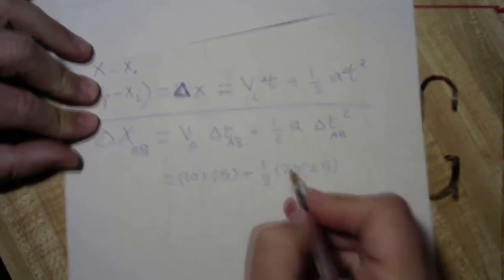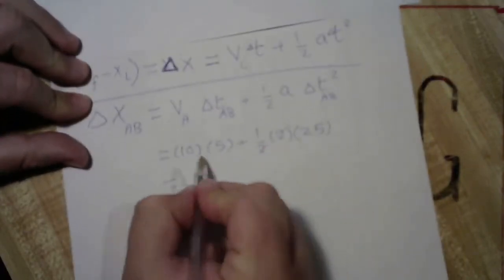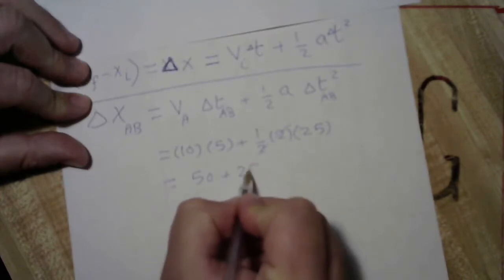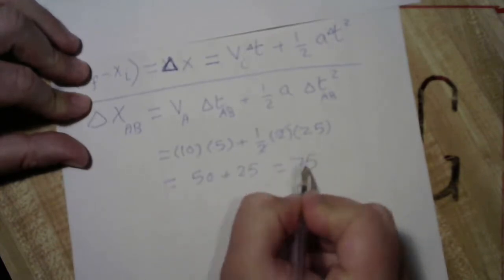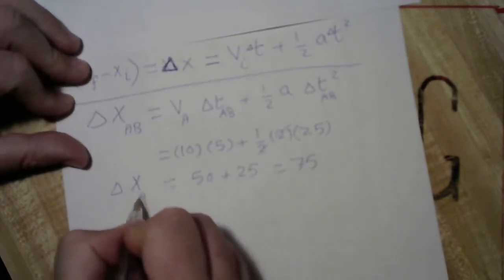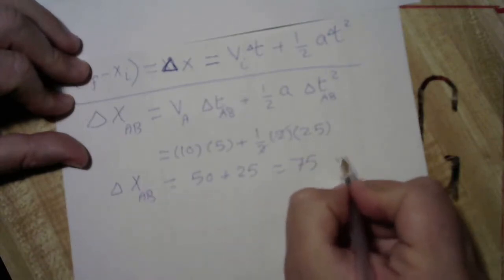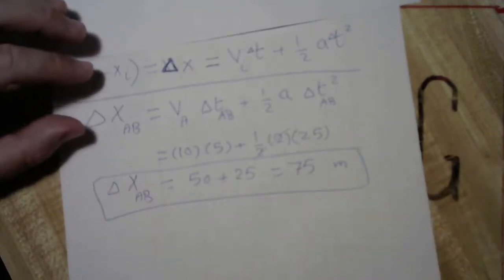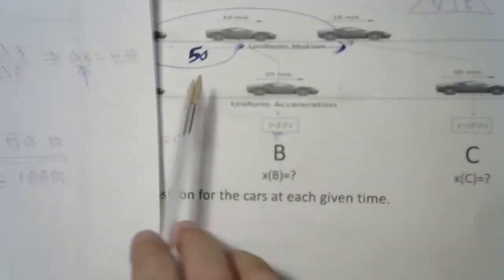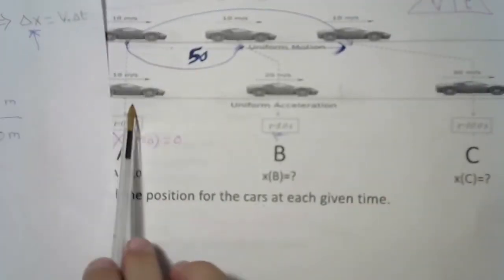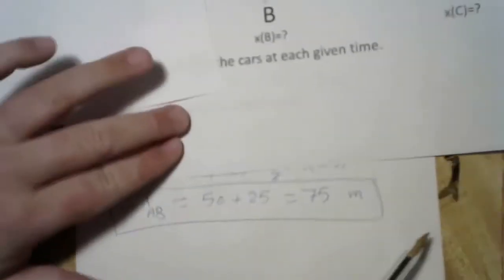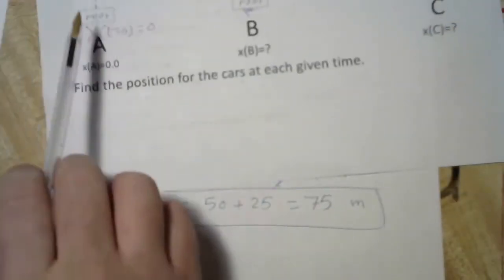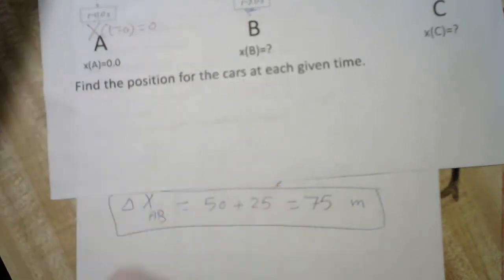Simply I can cancel 2 with 2, so 50 plus 25, which is equal to 75. This is the change in position from A to B. The unit will be in meters. If you remember, for the first car, from A to B, the change in position was 50 meters, not 75 as the second car. The second car moves 75 because it has extra velocity, extra acceleration.